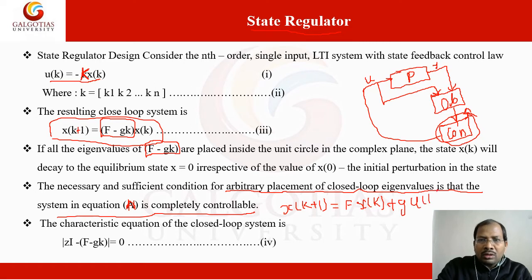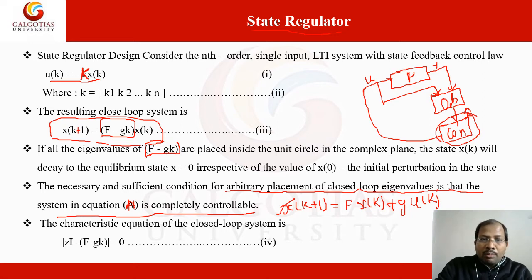So this state equation should be controllable. If it is controllable, then we can easily place these eigenvalues. If it is not controllable, then we can convert it into controllable form.